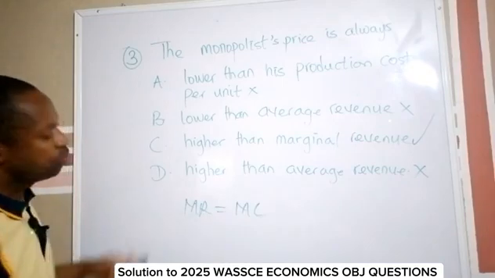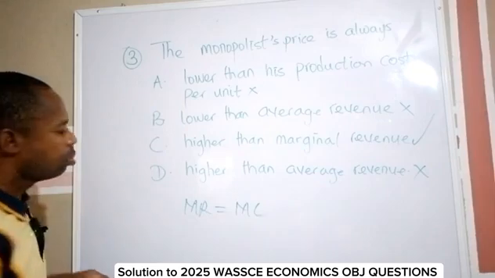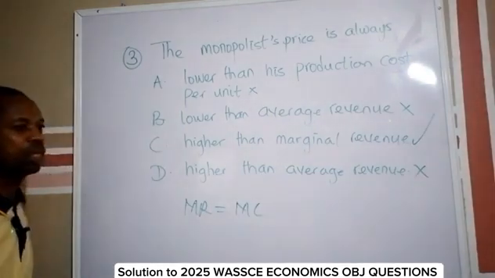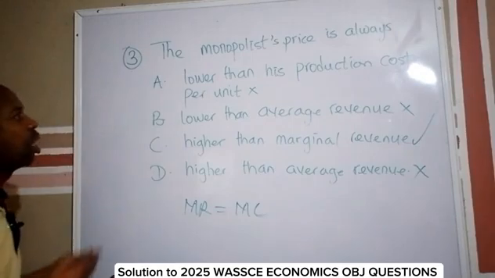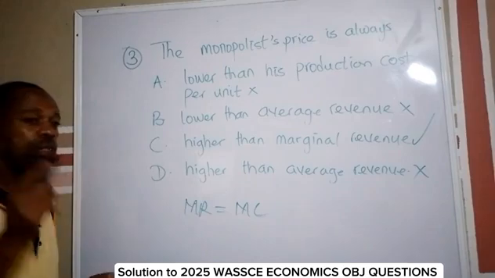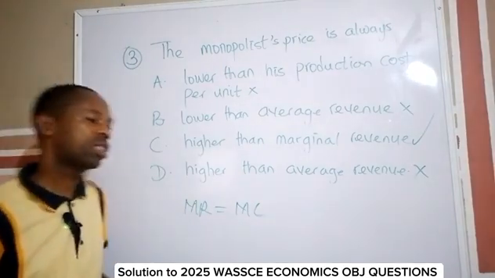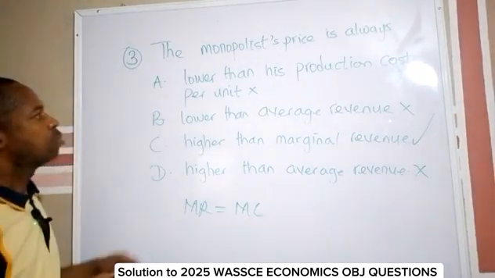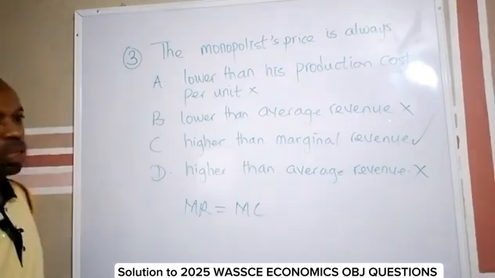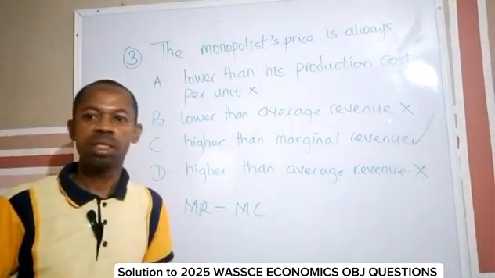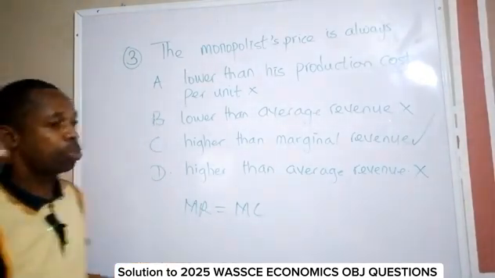And then they even make more profits whenever they have a higher price. Because one thing you need to understand is that a monopolist can either fix its price or determine the quantity of goods that is going to be brought into the market. And why would you even say monopoly?